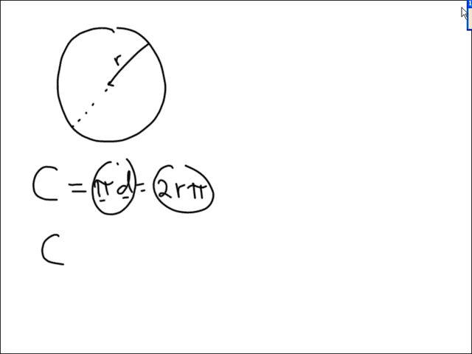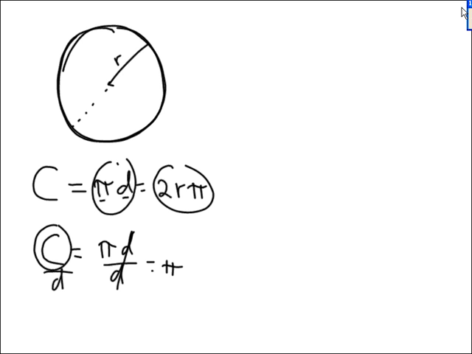Now I just want to point out something. If I divide both sides by d, the d's cancel out and I just get pi. No matter what circle you have, if you take the circumference, which is the distance around, the perimeter, and you divide it by d, you will always get pi.